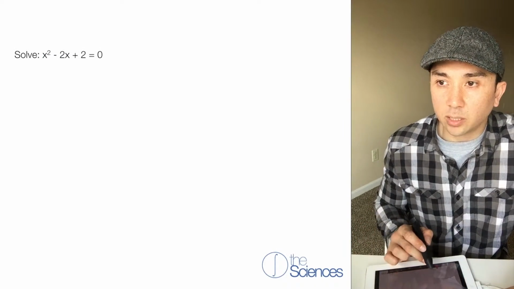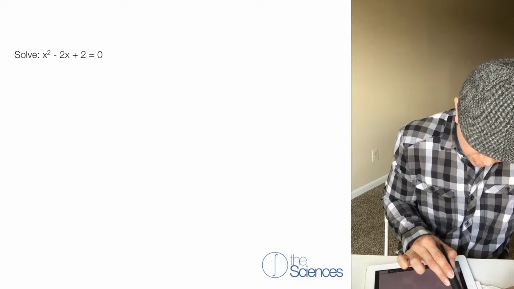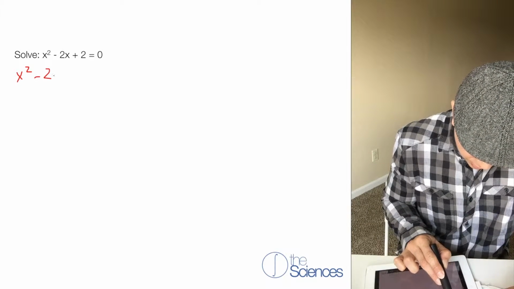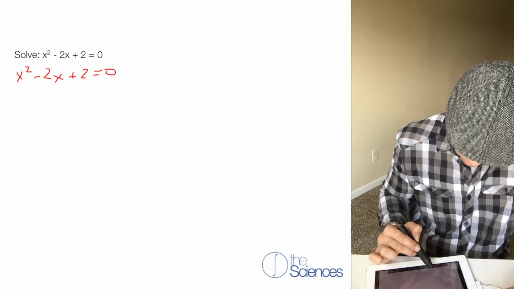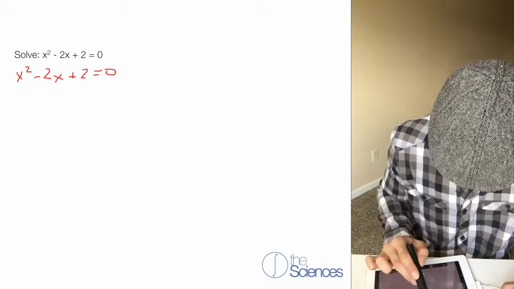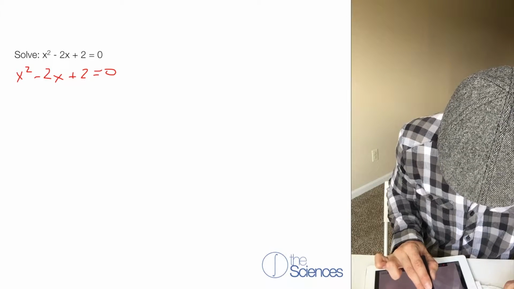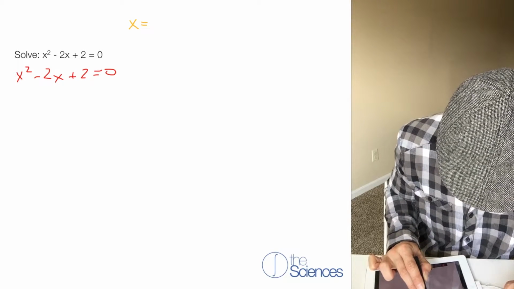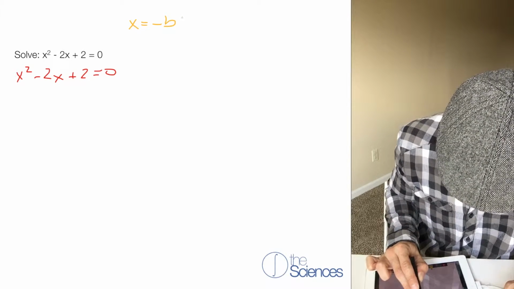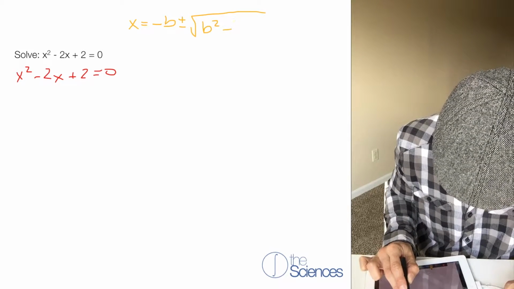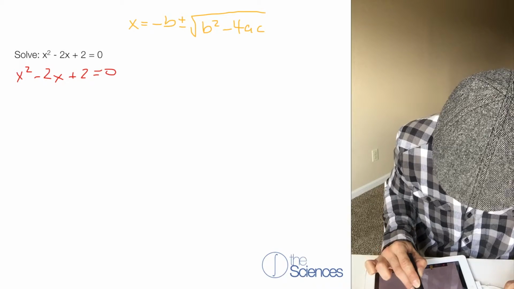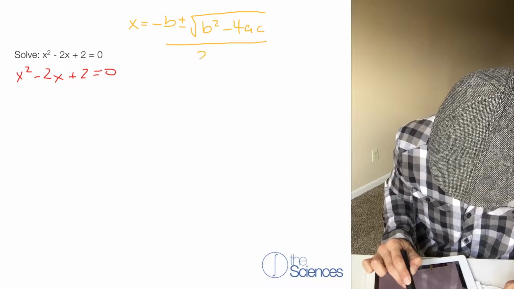Let's solve x squared minus 2x plus 2 equals 0. Well, we know our quadratic formula is x equals negative b plus or minus the square root of b squared minus 4ac, all over 2a.